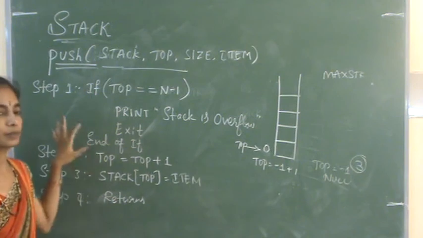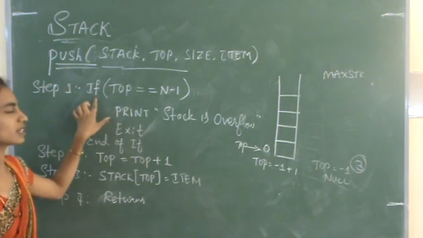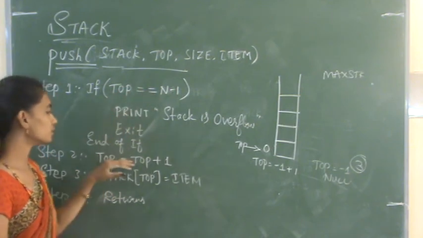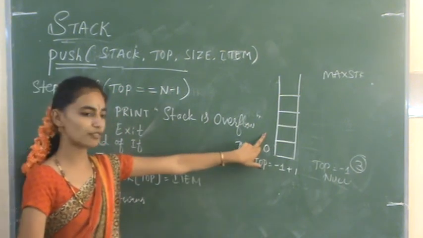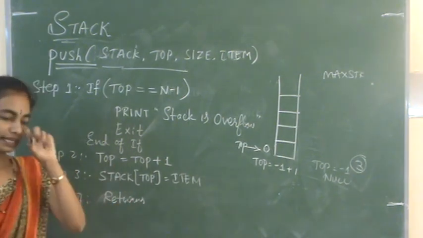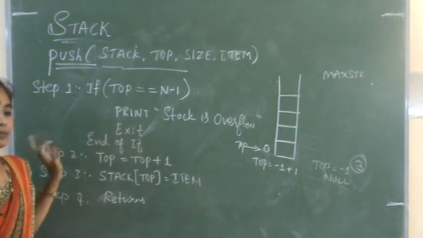So this is about the push function. In this function, first we need to check the overflow condition. If it is not true, then we increment the top value and insert a new element. In the next class we will study the pop function.